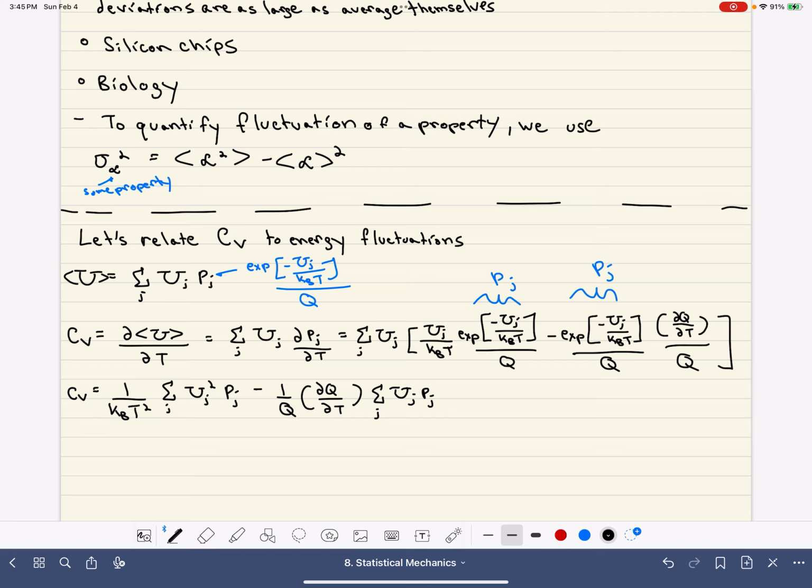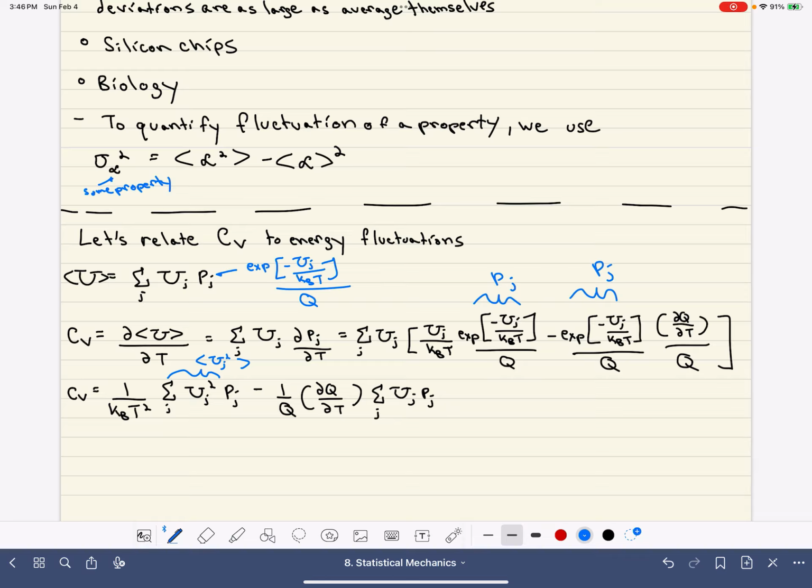From here, we can recognize that this summation, by definition, is just the average of Uj squared.